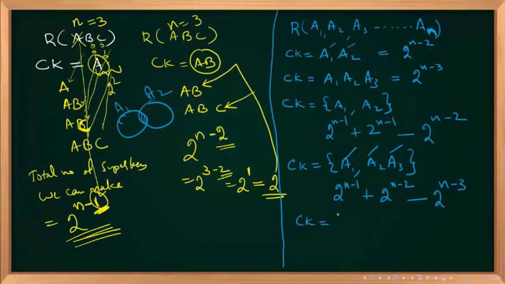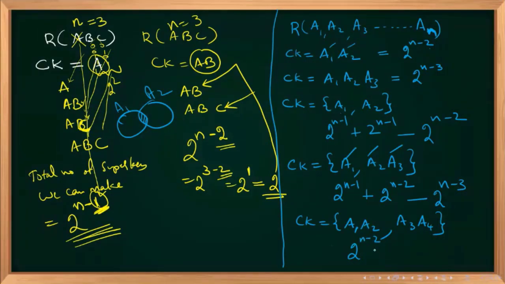One more I'll write. Candidate keys A1, A2, comma, A3, A4. Now you tell. 2 candidate keys, each having 2 attributes. Now what is the answer? Type 2 power n minus 2.